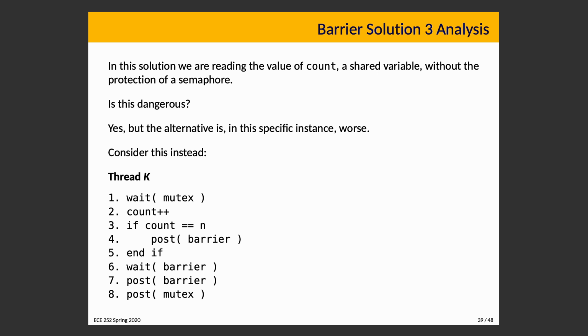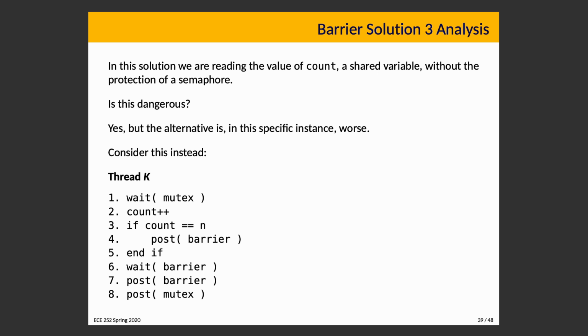Any further thread is going to get stuck on statement 1 at wait mutex, because the first thread has not posted on mutex and nobody can ever get to a post barrier statement, and everybody is stuck forever. So that's a problem. That isn't a good solution. We haven't fixed the issue. We can, of course, fix the issue. We'll see in just a bit how to deal with that, but this isn't a correct fix for the problem.